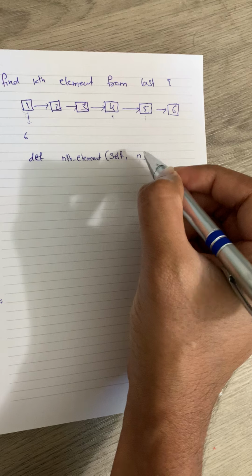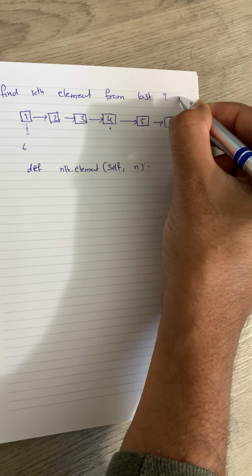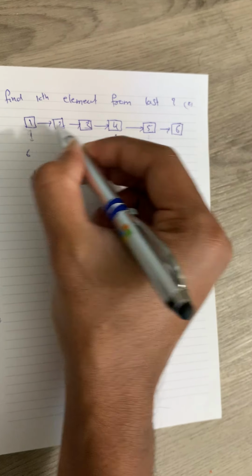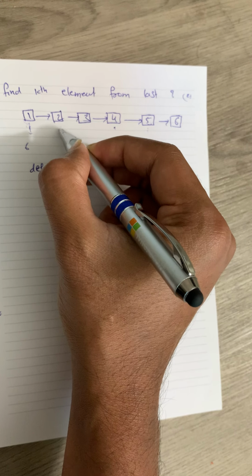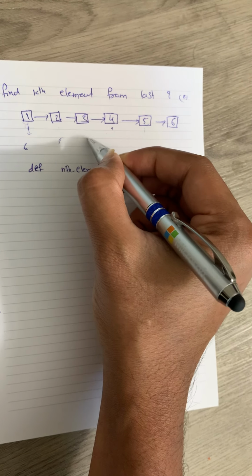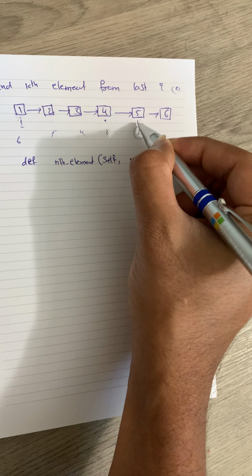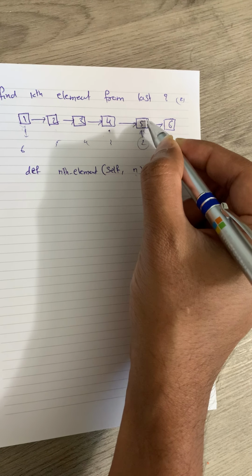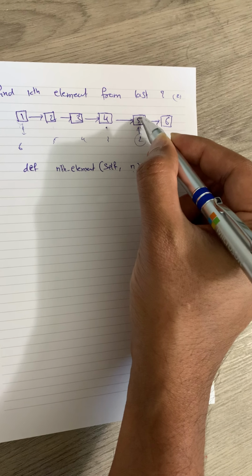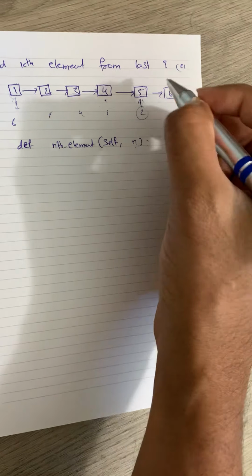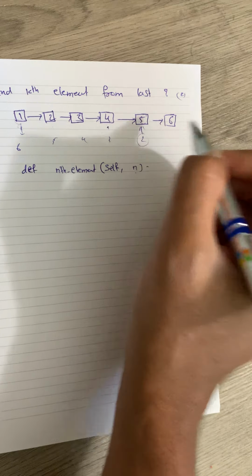But we wanted to find the second element in our example, so it will move to the next pointer, and then it does the same, and then here 5 4 3 2. So this is where we found 2, and then we will return the fifth element. We return 5 as an output.